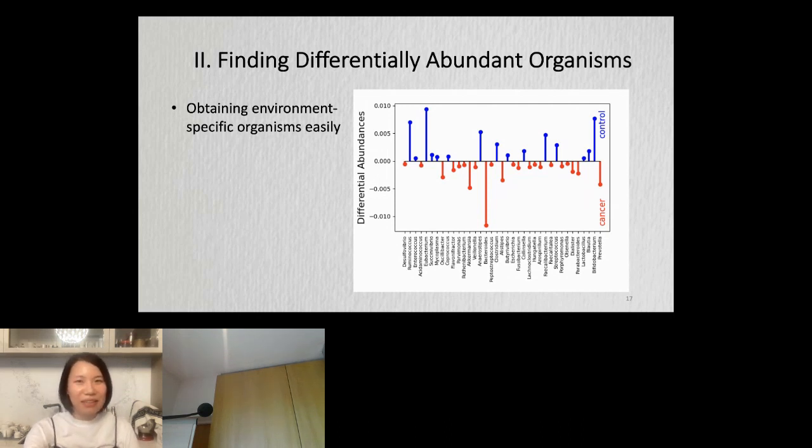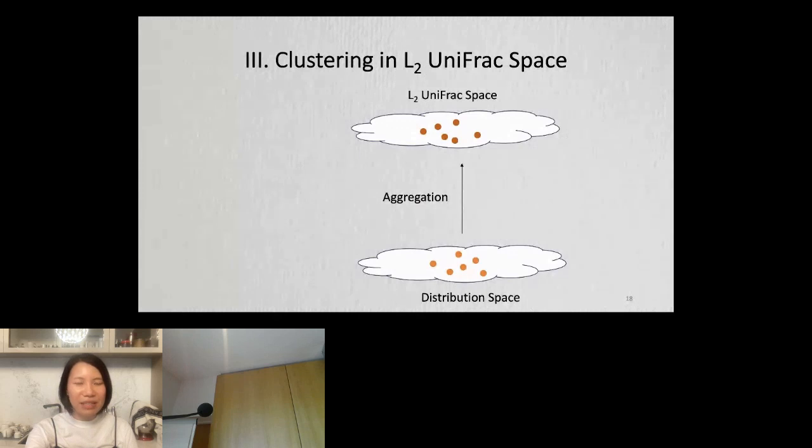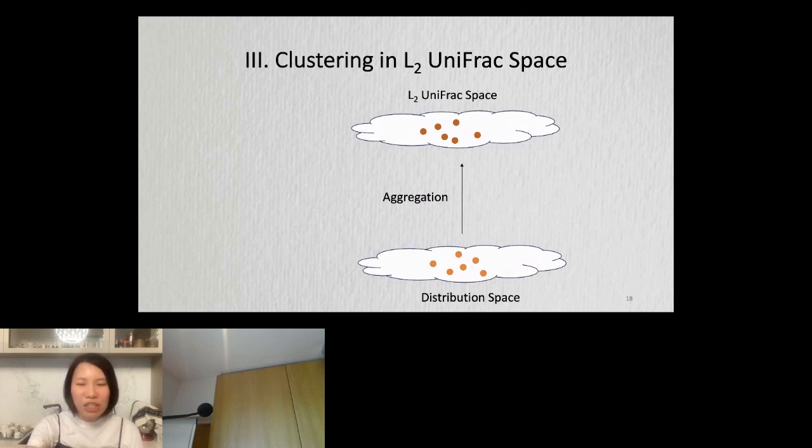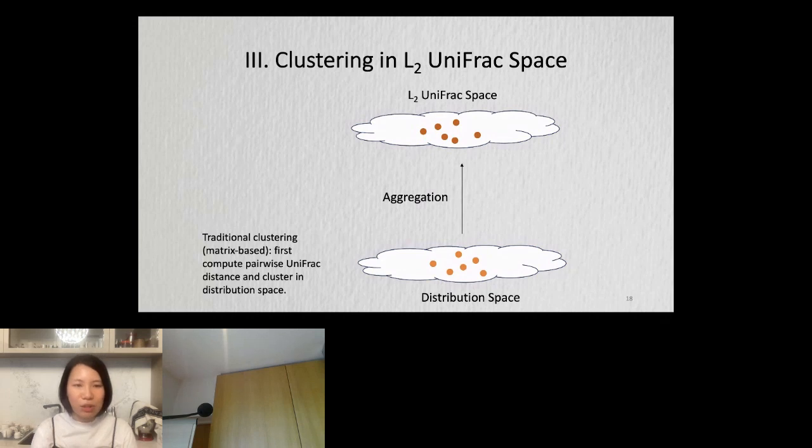And lastly, the presence of L2 unifrac space actually gives us an alternative way of clustering metagenomic samples. Originally, if we want to cluster samples with respect to the unifrac distance, we first need to compute pairwise unifrac distances, and based on that pairwise distance matrix, clustering is performed.